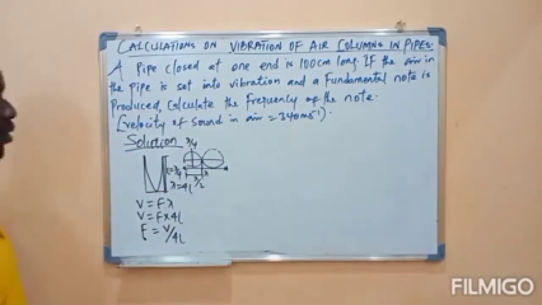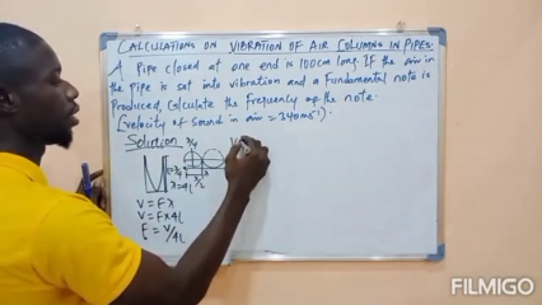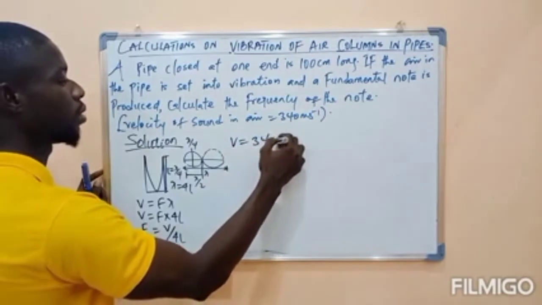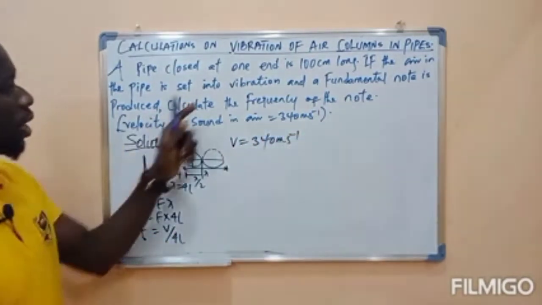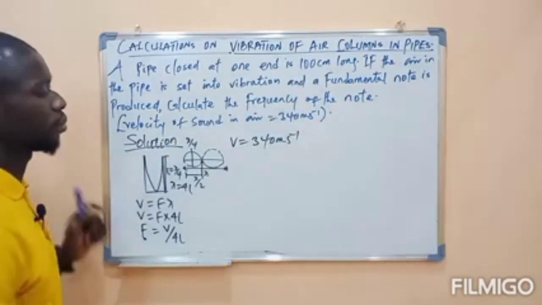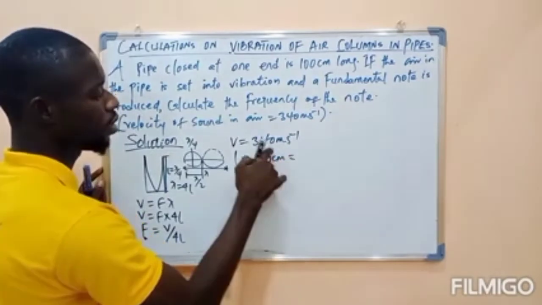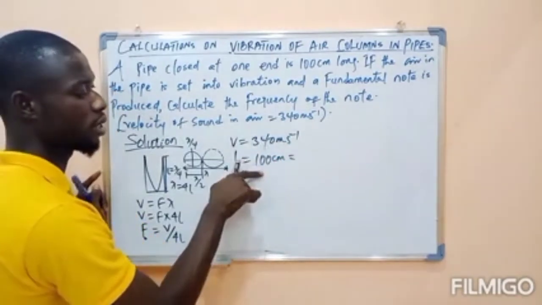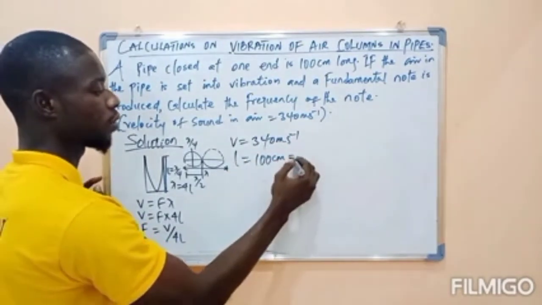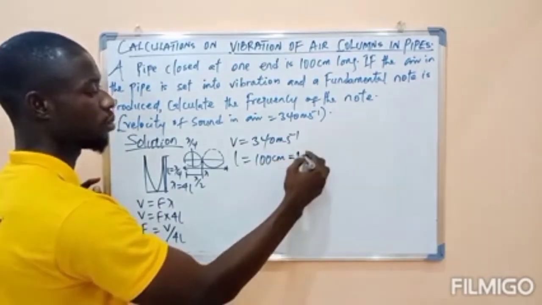Having known this, V is given to be 340 meters per second and the length of the air column is 100 centimeters. Since the velocity is in meters per second, I'll convert centimeters to meters: 100 centimeters is 1 meter.